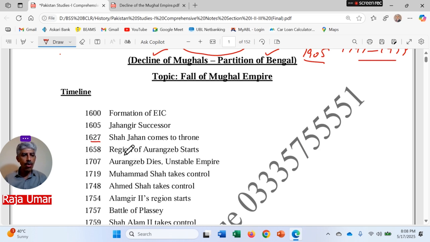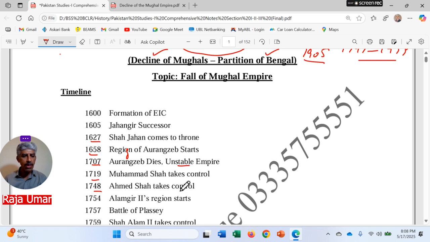Then the reign of Aurangzeb starts in 1658, and Aurangzeb dies, leaving an unstable empire, in 1707. Then Muhammad Shah takes control in 1719.